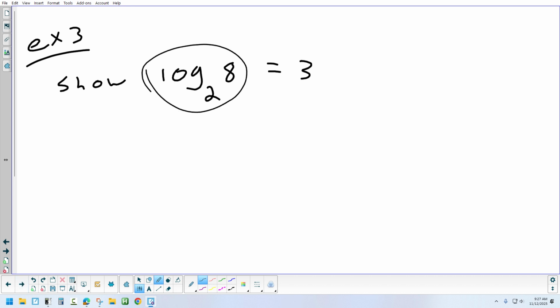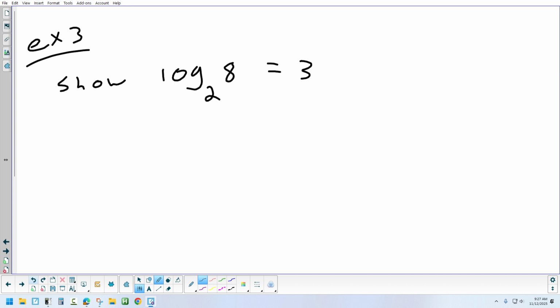Right now, we don't know how to figure this out. I haven't explained to you how to type base 2 log into the calculator. I've shown you how to type base 10 and base e. So the way this is written right now, we can't even work with this. So if we rewrite that in exponential form, Layla, what would my base be?